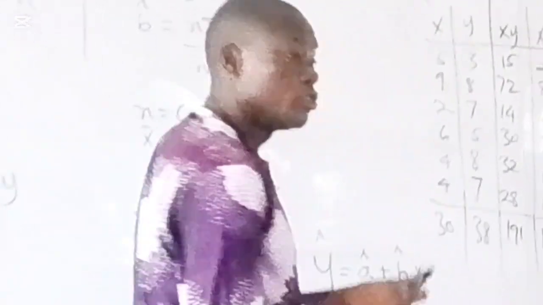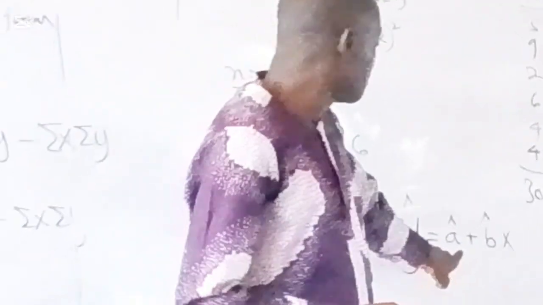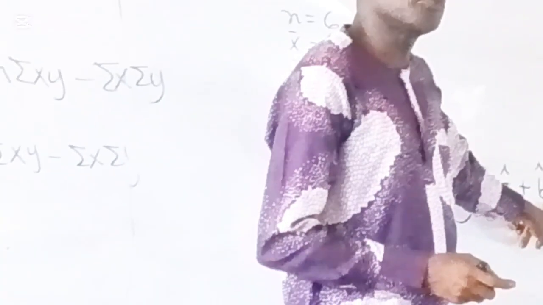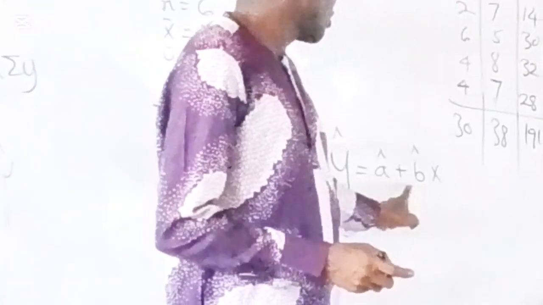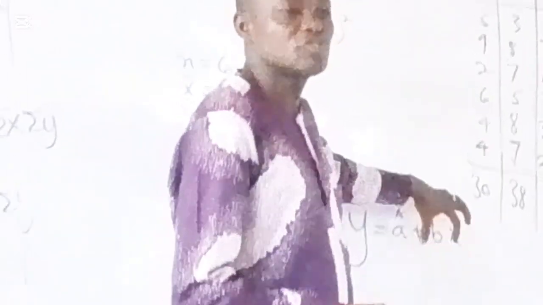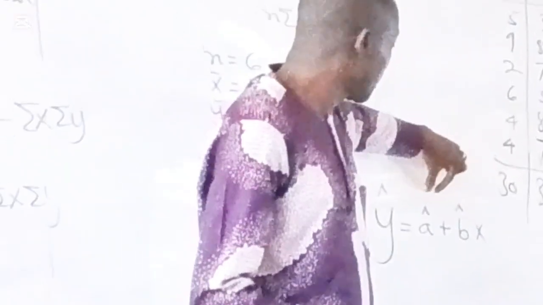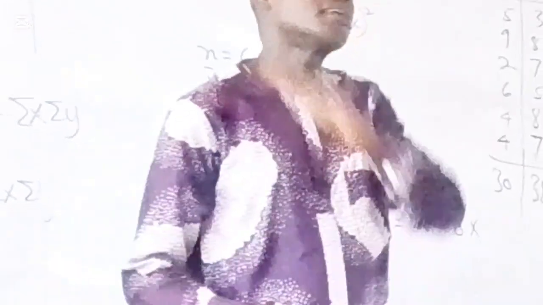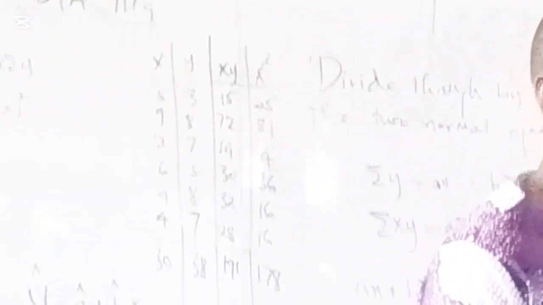The only values here will be the a hat and b hat you calculate. So if a hat is 5, we will say y is equal to 5 plus 7x. If you do that, it is as good as fitting the linear regression model.